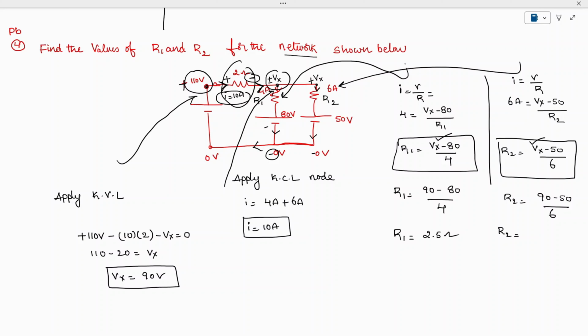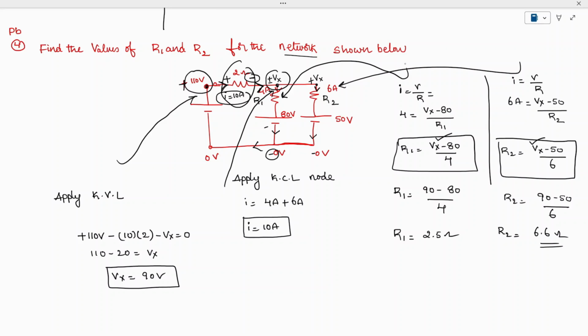You can solve it directly in the exam using a calculator also, there's no issue, but try to do it by hand. So 90 minus 50 is 40, divided by 6, which is around 6.6 ohms.